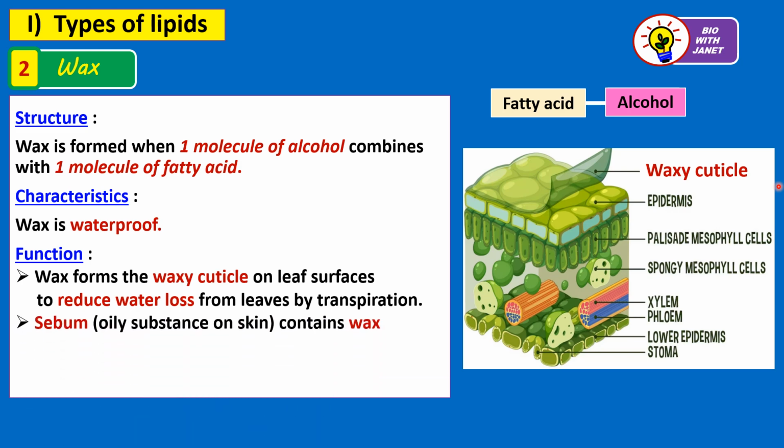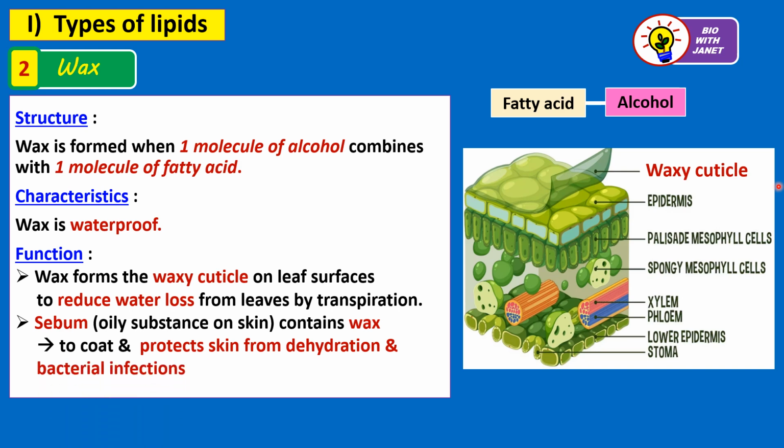Secondly, in animals, like in humans, sebum is produced, which is an oily substance that will coat the skin, and it contains wax. So sebum helps to coat and protect the skin from dehydration and also from bacterial infections. It is produced by the sebaceous glands or oil glands in the skin.